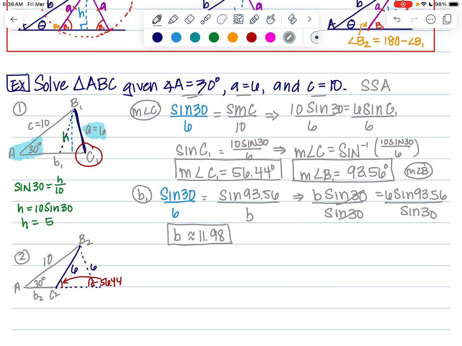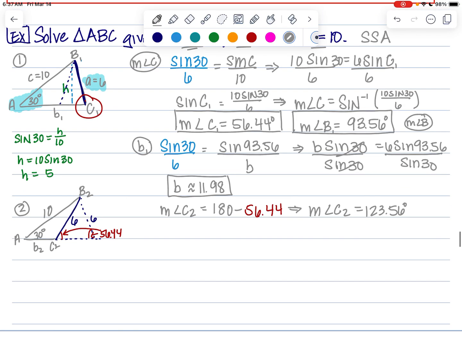So that means the measure of angle C2, since it's supplementary to 56.44, is equal to 180 degrees minus 56.44. Okay, so that means the measure of angle C2 is 123.56. Okay, so the measure of C2 is 123.56.